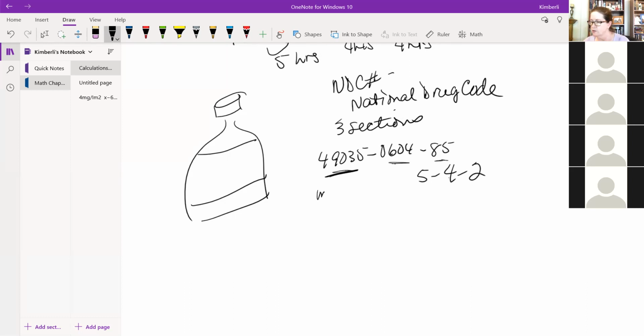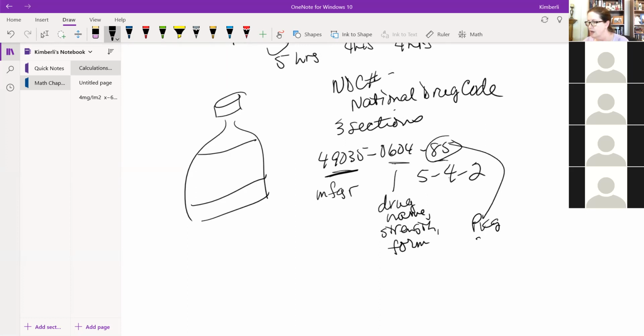This is the manufacturer. This is the drug name, strength, and form. And this is the package size, or the way that it's packaged. So in this case, 85 must mean 250 tablets, okay? But this isn't like all 85s mean 250 tablets.